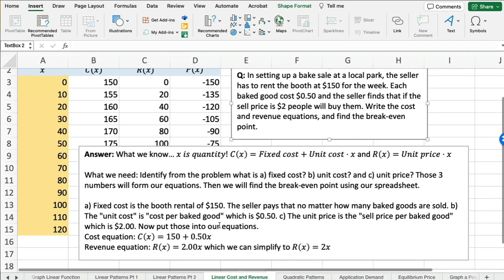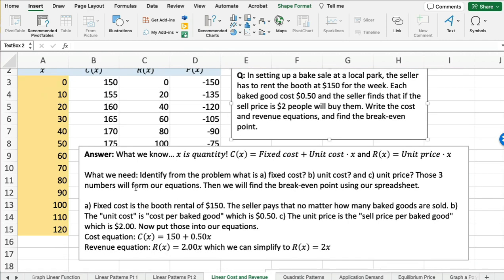So what we need to do is unpack what's really happening here. What do we know? We know X is the quantity. We know that capital C of X represents cost, and that is given as fixed cost plus unit cost times X. So that is just a fact.